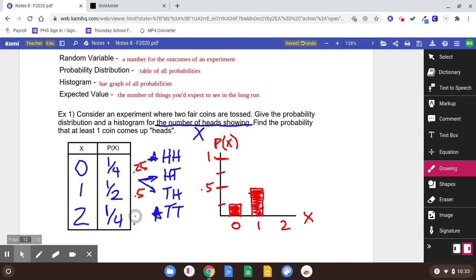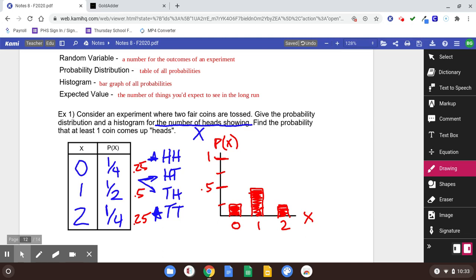And then the next one, 1/4, has a probability of 0.25. So I just draw another bar that goes to 0.25. That's it. That's a histogram. That histogram shows me the exact same information as the probability distribution. I kind of prefer the distribution. I think it's easier to look at, but sometimes maybe the histogram will be easier to look at.